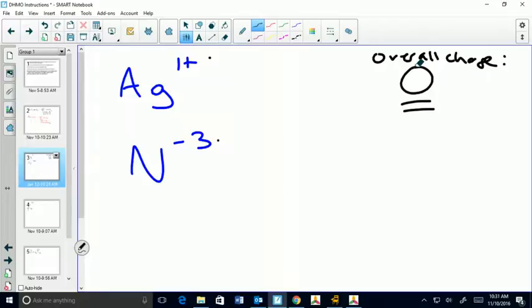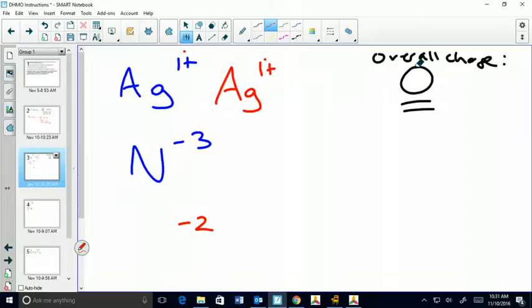So here we have silver, Ag, working with nitrogen to form a compound. You see silver is a +1, nitrogen is a -3. Together, that would only give you a -2. If I add them together, it just gives me -2, which would not be a stable compound. So how about if we add another Ag? Let's put another Ag as a 1+. Well, then 1+ and 1+ would be 2+.